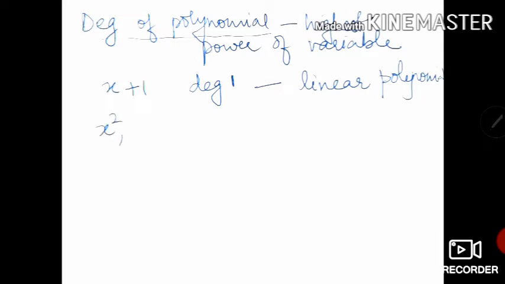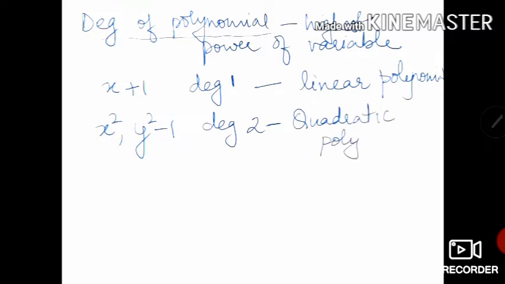x square, y square minus 1. These are examples of polynomials with degree 2. Then this polynomial is called quadratic. Minus 5 t cube, minus x cube minus 3.